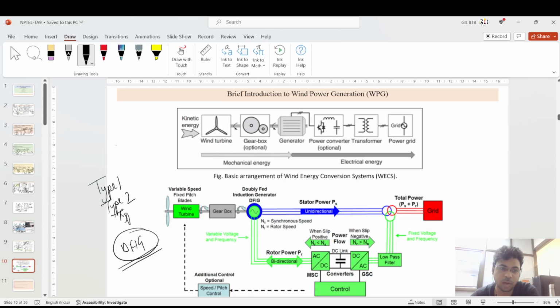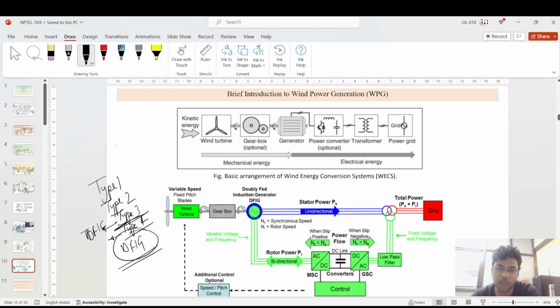You can see there are multiple types of wind generation plants: type 1, type 2, type 3 and type 4. The DFIG comes in type 3. DFIG has parallel converters operating in synchronism with the grid, and thus variable pitch control and variable speed of the wind turbine.